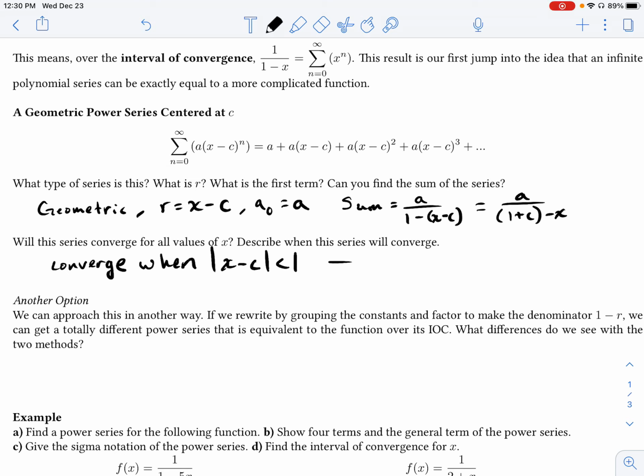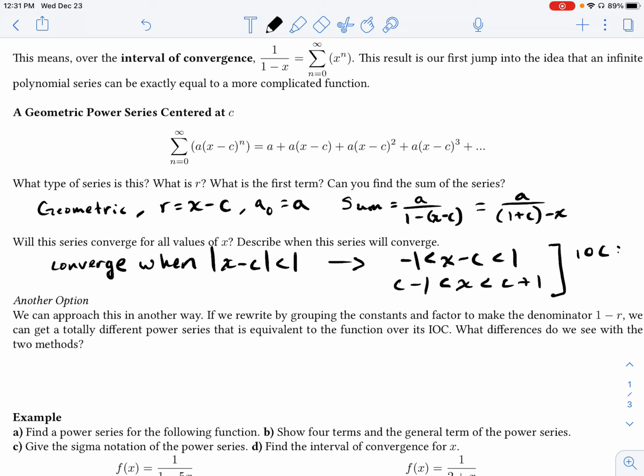Another way of expressing this is as our interval of convergence, written as a compound inequality: when x minus c is less than 1 and greater than negative 1. And if I use inverse operations to isolate our x value, we could say when x is less than c plus 1 and greater than c minus 1, which is our interval of convergence here.